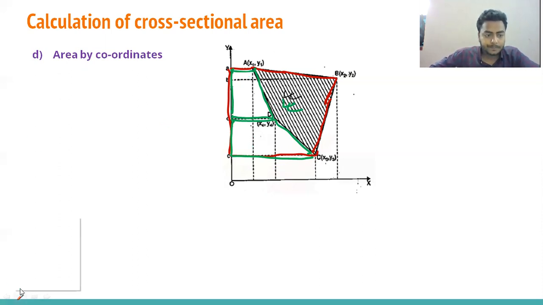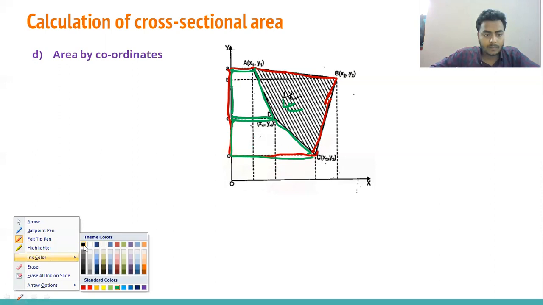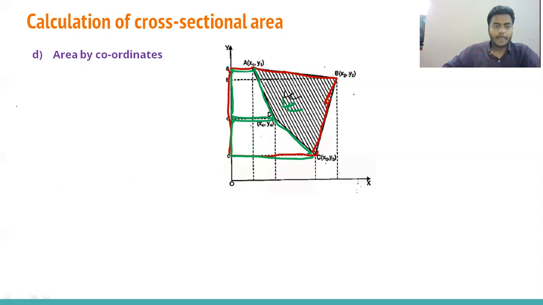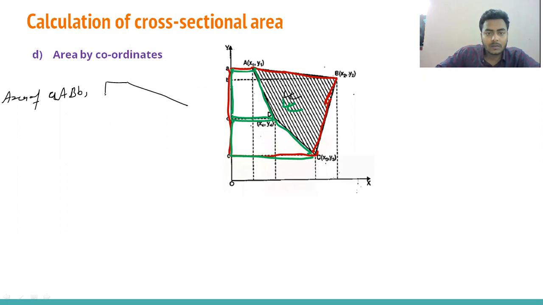So the area of A, B, b, a. You can see this is a trapezoid, with parallel lines of this and this one. I'm drawing a rough diagram like this. This is A, this is B, this is a, and this is b.